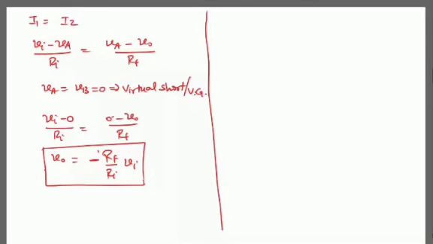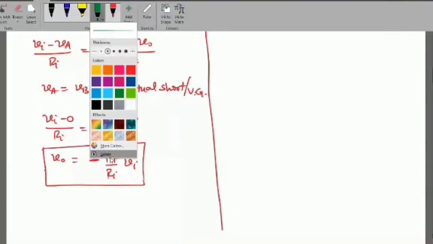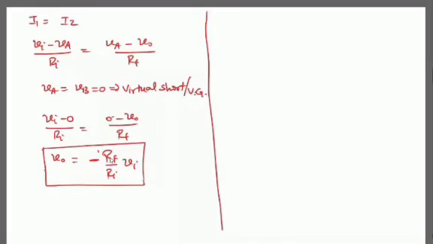Whatever input you have applied, you are getting output but with opposite sign. If you apply positive input, then you will find negative output. If you are applying input with this polarity, then the output you will collect with opposite polarity.